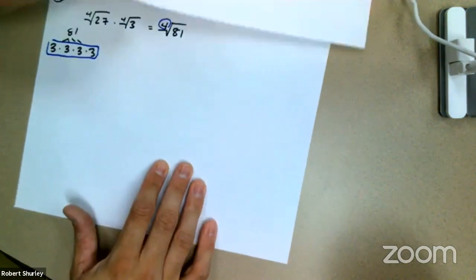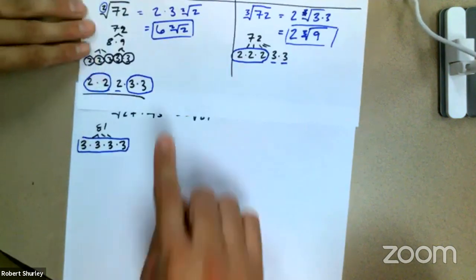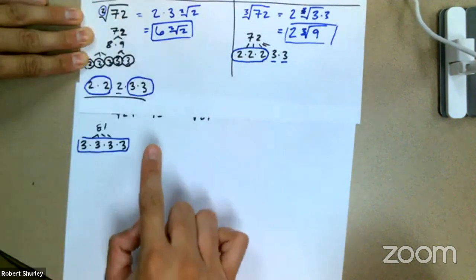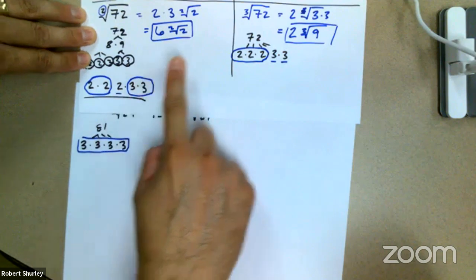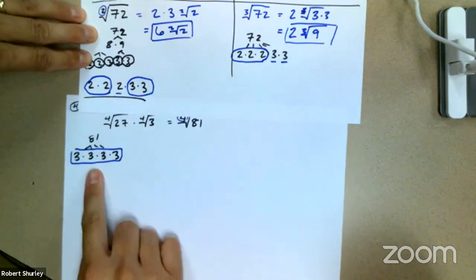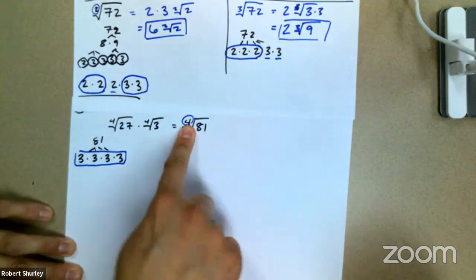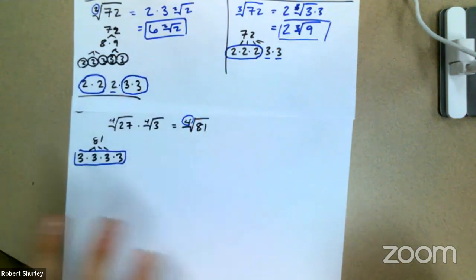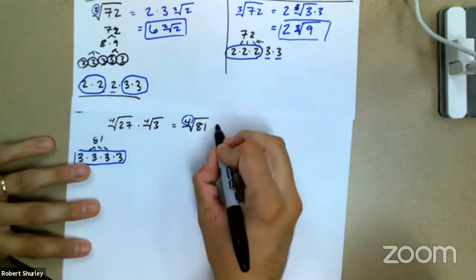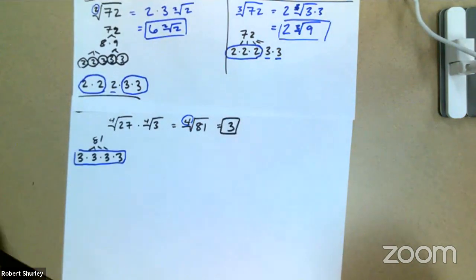Let's look at this real fast. I'm going to bring this down. It's not like the example like the square root of 72, how we had leftover 2, so it had to stay under the radical. This one, everything is included in my group of 4. So therefore, there's not going to be a radical left over at all. This is just going to be 3. Okay, just going to be 3.